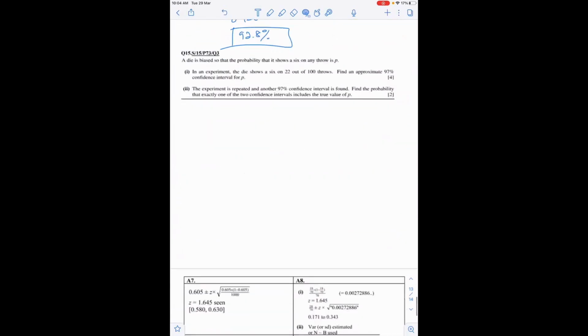A die is biased so that the probability that it shows a 6 on any throw is P. In an experiment, the die shows a 6 on 22 out of 100 throws. Find an approximate 97% confidence interval for P. So let P be the proportion of getting a 6.